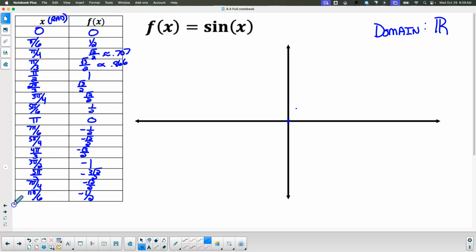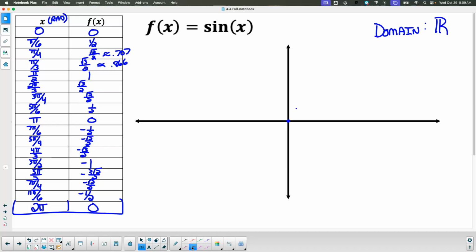And then the next one would be 2 pi, which would bring me back to 0. Right? So the sine curve is going to look like this. Now, you'll get into this and you'll be able to do this very rapidly. We'll reverse engineer the sine curve.